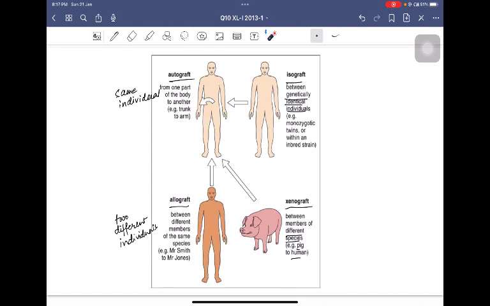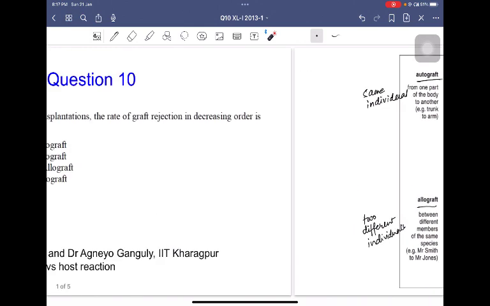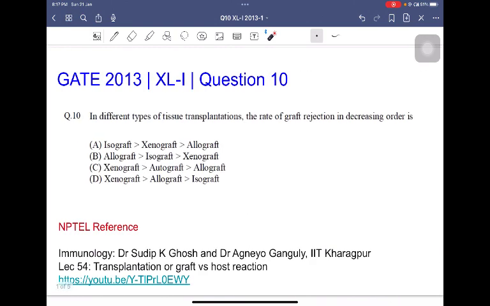They do not belong to the same species. So xenograft will have a higher chance of graft rejection, which means the least chance of graft rejection will be for autograft. Okay, so the least chance is for autograft.